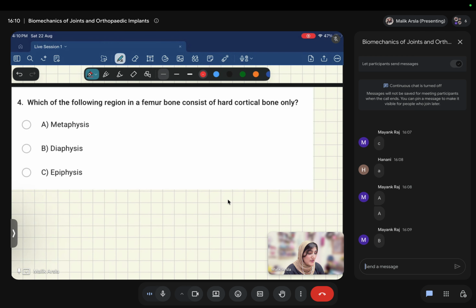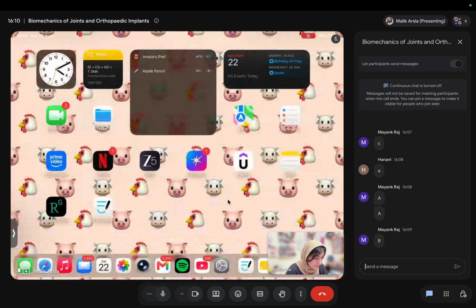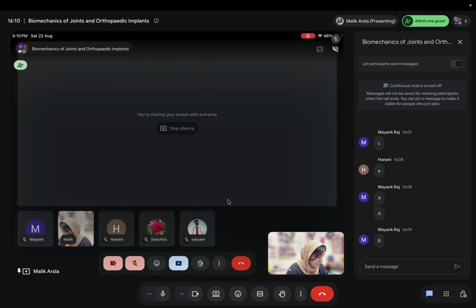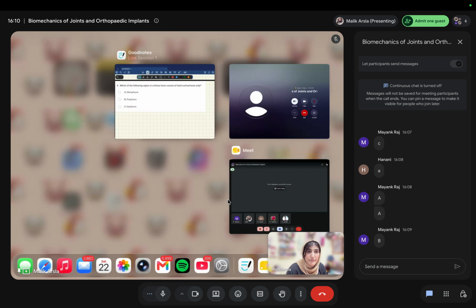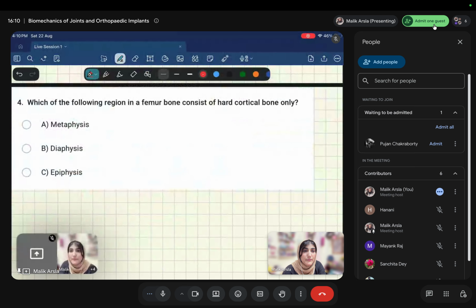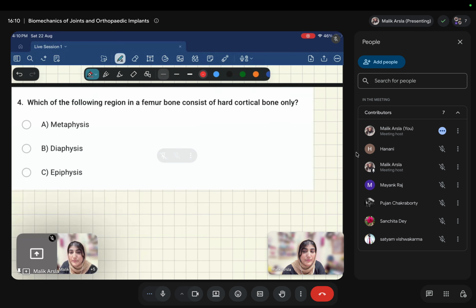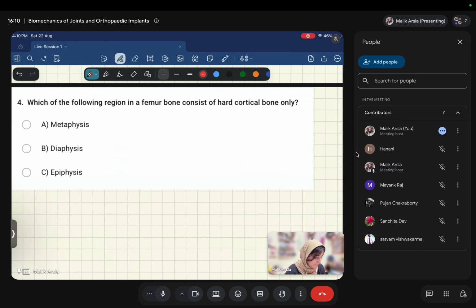Okay, so basically the structure of our femur is like this.